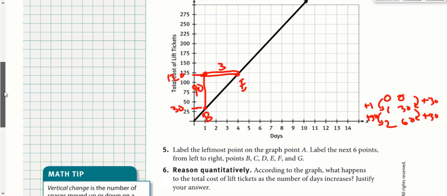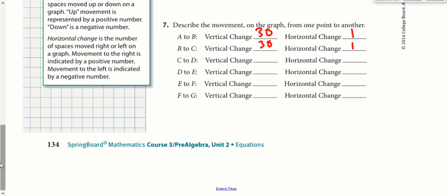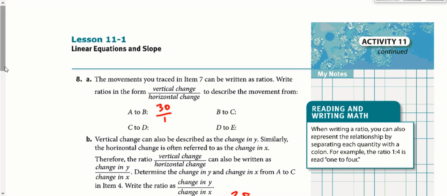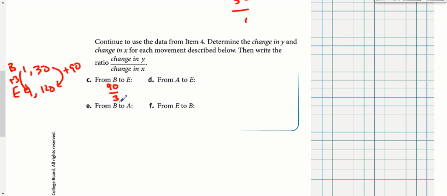So you could get the same information, 90 over 3, either from the table or from the graph. And you would get an increase of vertical change. We could also think of this as rise on the graph. When we're thinking about the graph, you're rising up or down over the run going sideways.